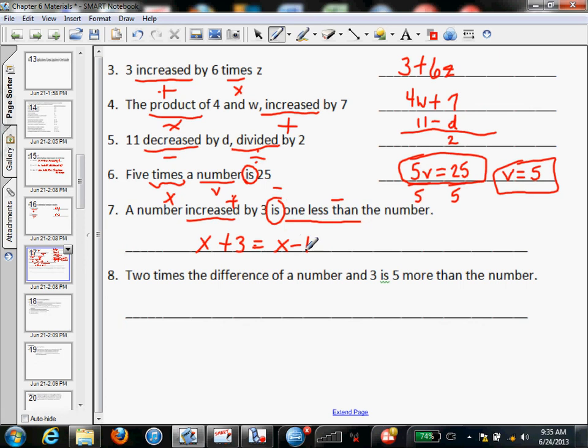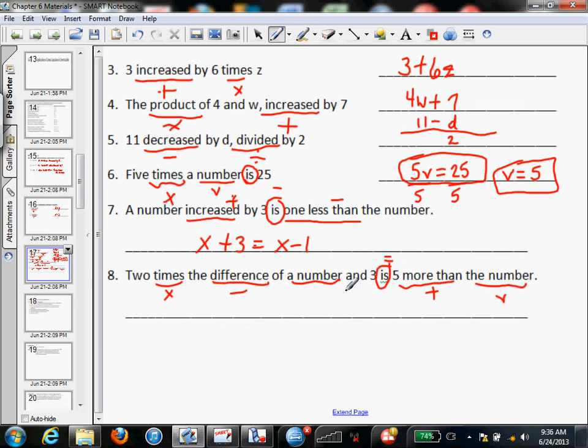Okay, 8 may be one of the trickiest we've seen yet, but it is still doable. 2 times the difference of a number and 3 is 5 more than a number. I always like to circle is because it's going to be our defining line. Times, we're going to multiply. The difference, subtraction, our number, more than, addition, the number.